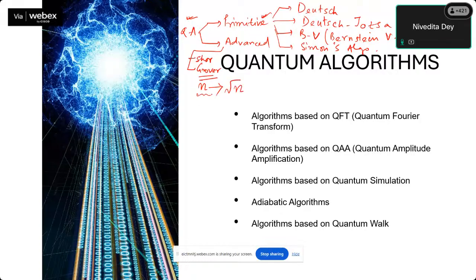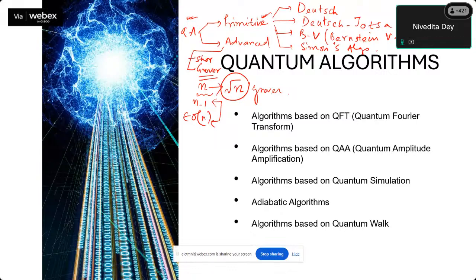In the worst case, if it is an array of size n, you can find some data in order of n time, or n minus 1 queries, which is basically order of n only. But Grover can solve it in root n time. So this was the algorithm evolution in quantum space.